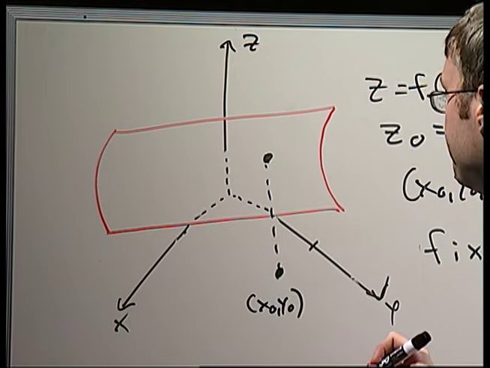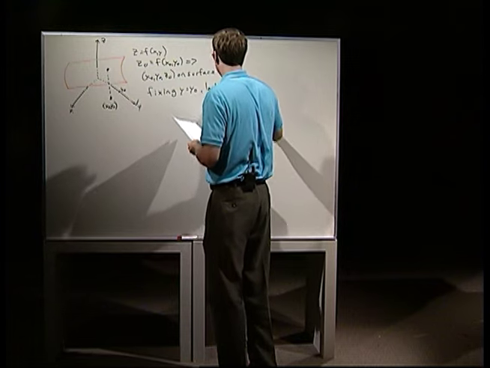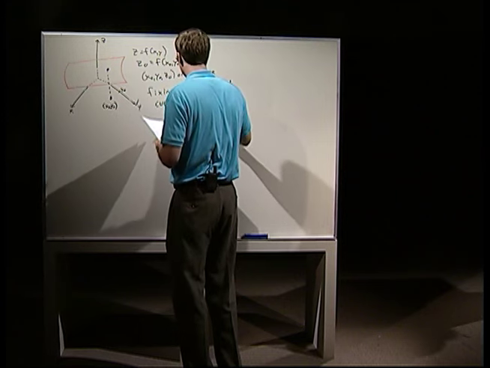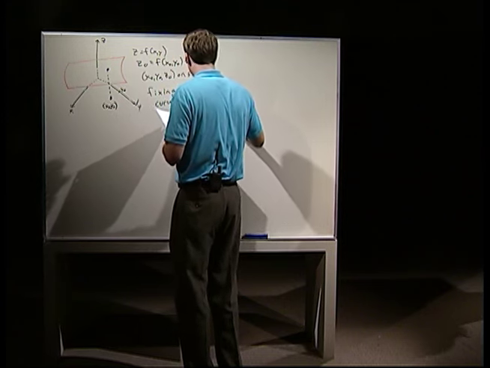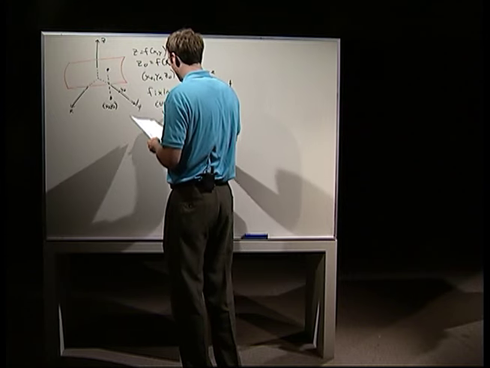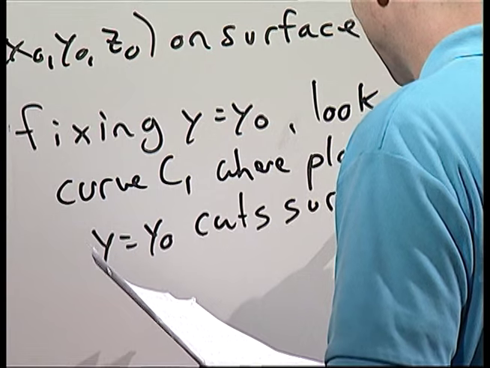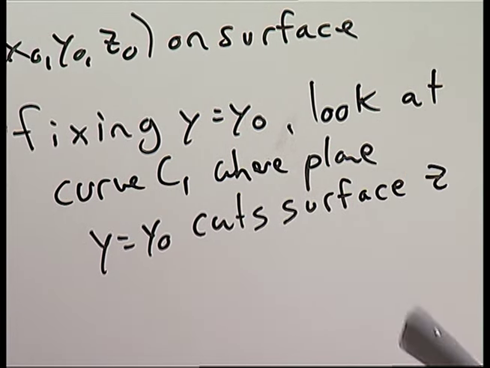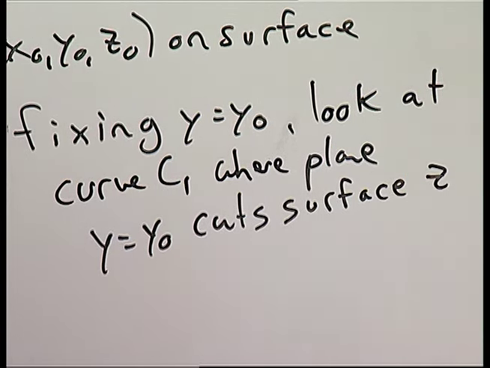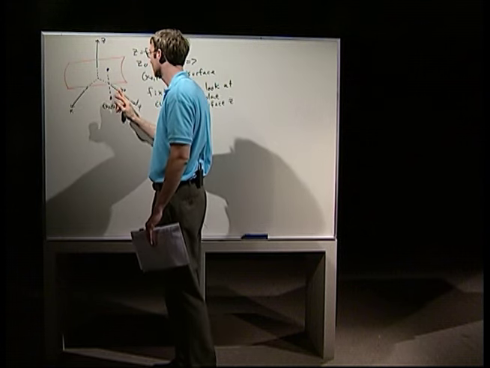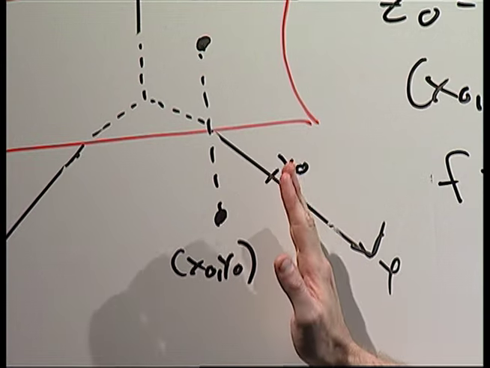I'd like to look at the curve. We'll call it C1, where the plane y equals y naught cuts the surface z. So what I want to do is run a plane perpendicular to the y-axis right up through the surface.